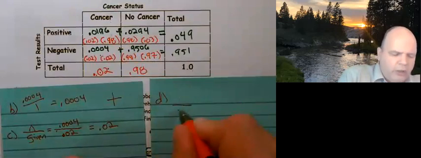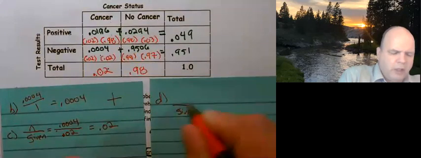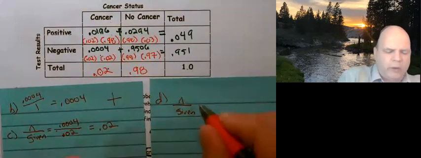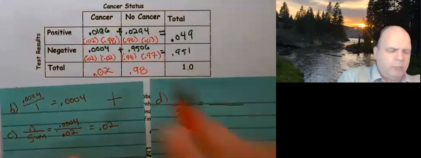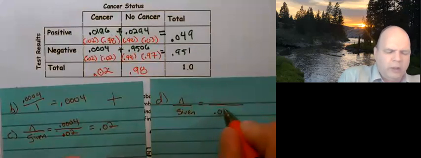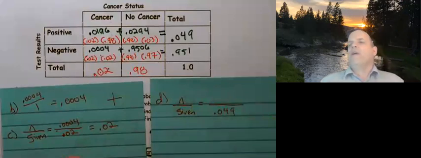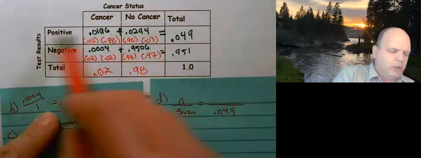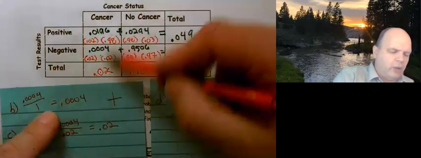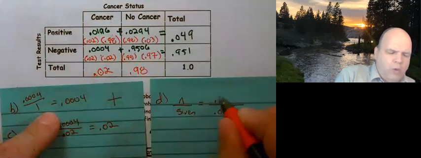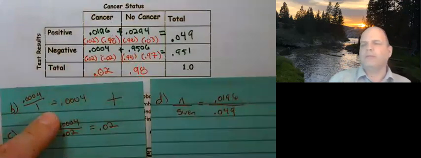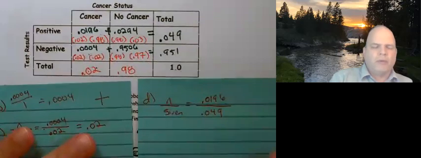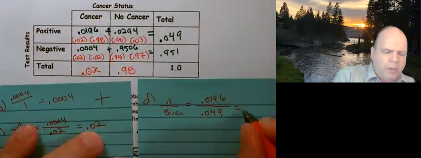Given's always in the denominator. We'll have an intersection in the numerator, where they cross. So given that it's positive, 0.049, what is the probability that they actually have cancer? We're looking at the positive row, and then at has cancer. So this is 0.0196, and this equals 0.40.